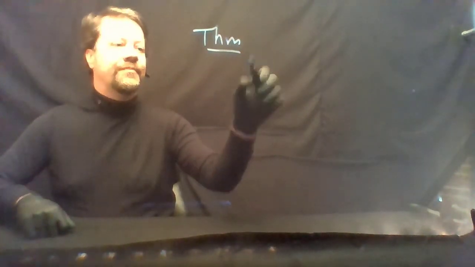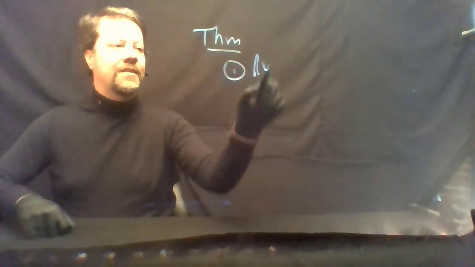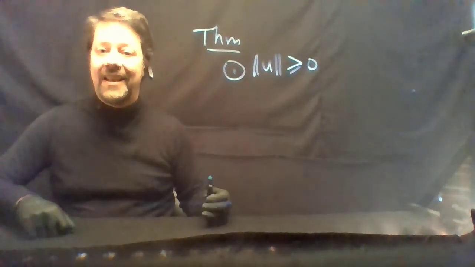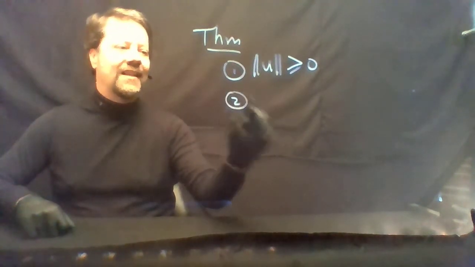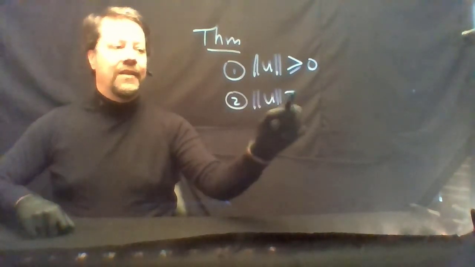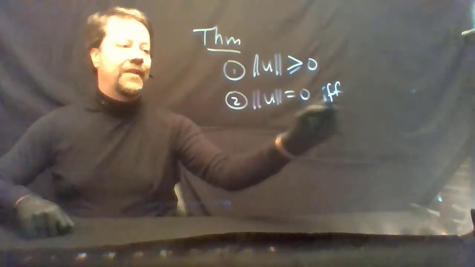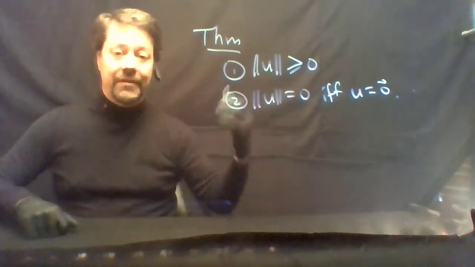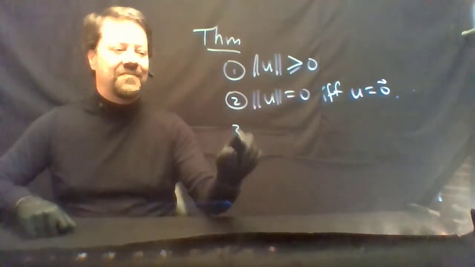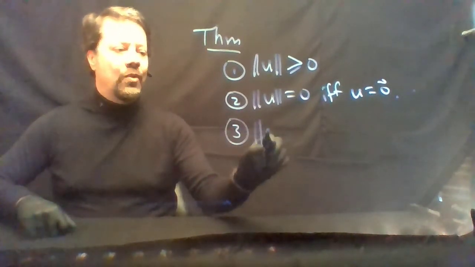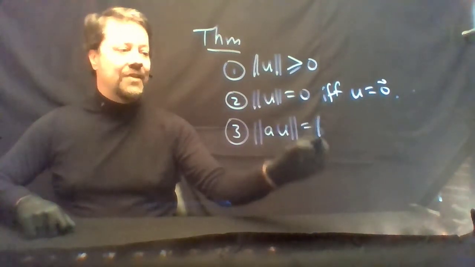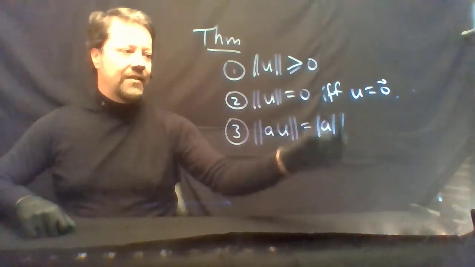Now, we do need a theorem about the properties of the norm. First, the Euclidean norm cannot give a negative value. Second, the Euclidean norm is zero if and only if you're dealing with the zero vector. The zero vector is the only vector that has length 0. The norm of a scalar times u is equal to the absolute value of the scalar times the norm of u.